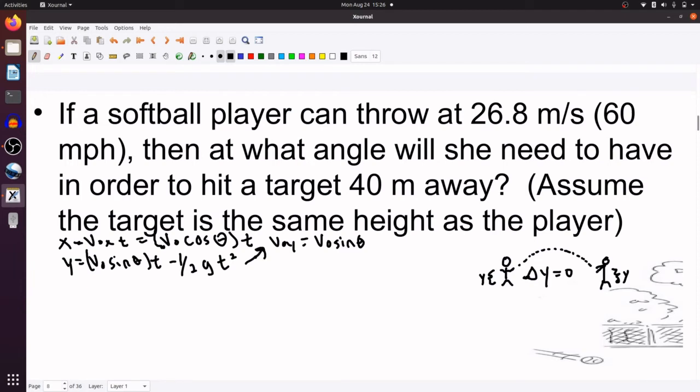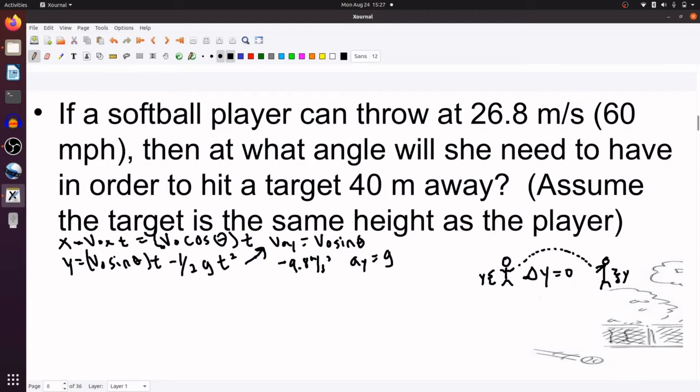Well, we know that in free fall the acceleration is always going to be negative 9.8 meters a second squared. So for a y, I made it negative g, because it's pointing towards the center of the Earth. G is always going to be a positive value when you use it. However, the situation may dictate that it's going to be negative, in which case it is, because it's going down.